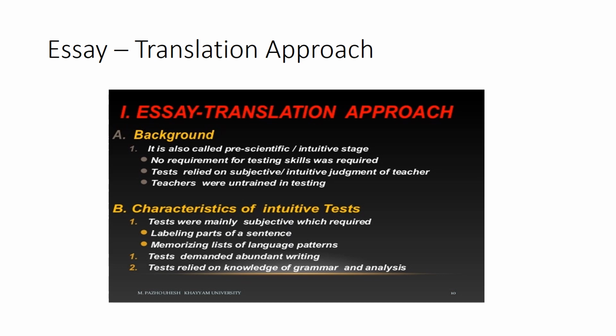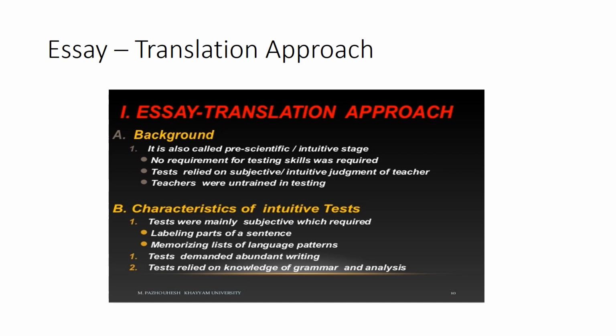If you remember, we said that within faculty psychology, they divided the human mind into 27 sections, and each section is responsible for a certain process. They believed that memory, that section of the mind, was responsible for learning a language.